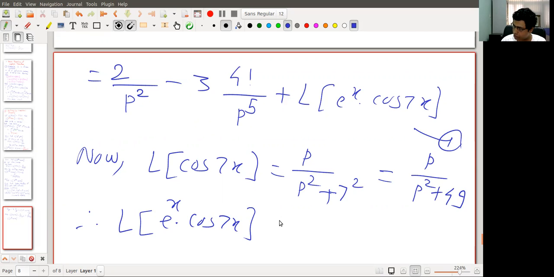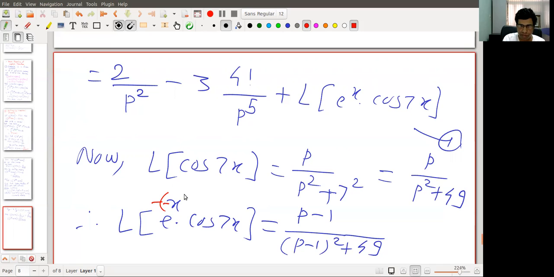So this is equal to, we need to replace p by p minus 1, p minus 1 square plus 49. Okay, so here it is minus of minus x, so a is minus 1.